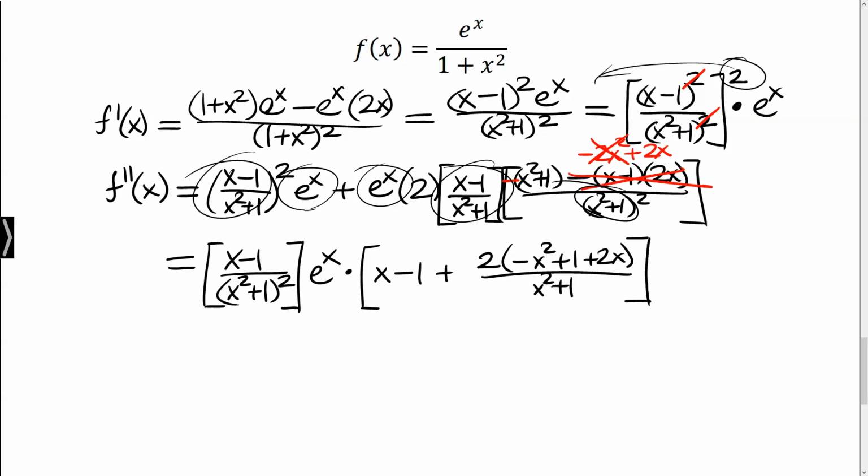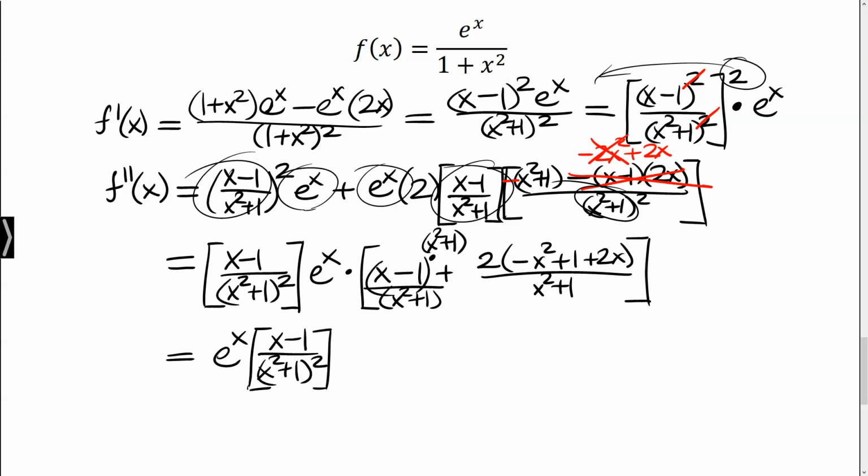All right. So what we need to do here is get a common denominator. So we've got over x squared plus 1. This is going to be times x squared plus 1. Okay, so I'm going to put the e to the x out in front. So it's e to the x times this times, let's see, that x minus 1, x squared plus 1.